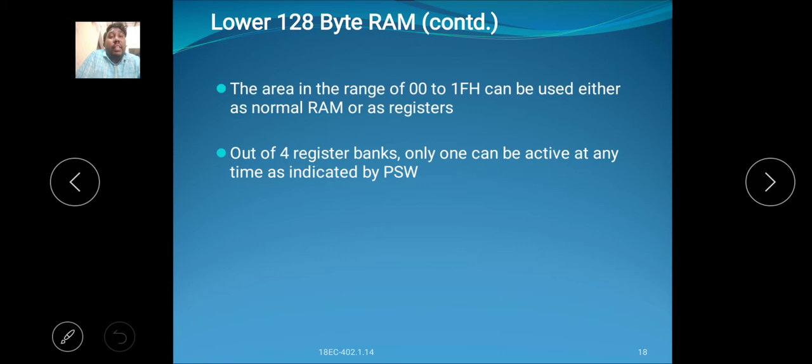Out of 4 register banks, only one can be active at any time, as indicated by the program status word.